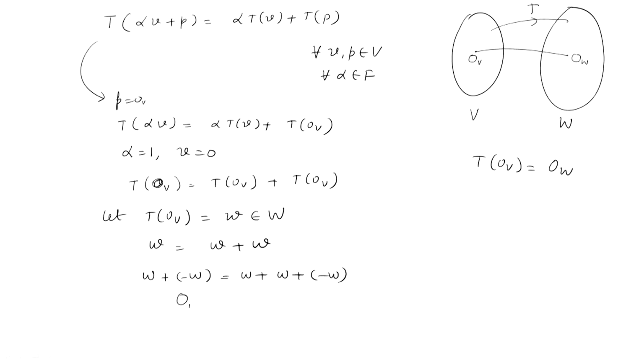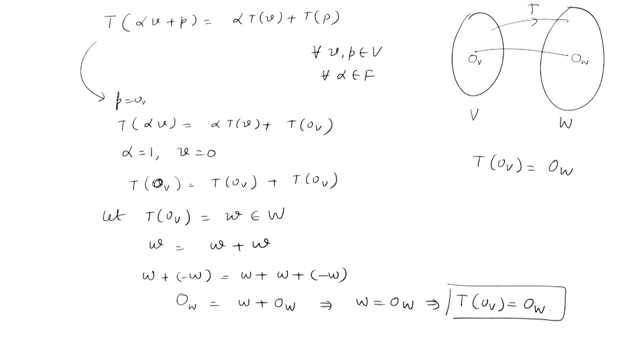So, 0 of W is equal to W plus 0 of W. So, this implies W equal to 0 of W, and this implies T of 0 of V is equal to 0 of W. So, this is the first property: if it is a linear map, then T of 0 will always map to 0 of W, the additive identity of W.